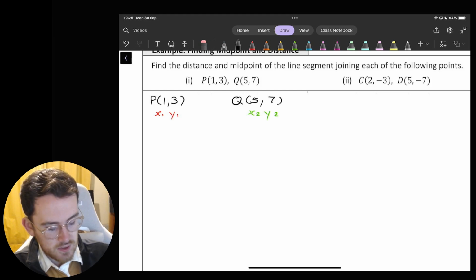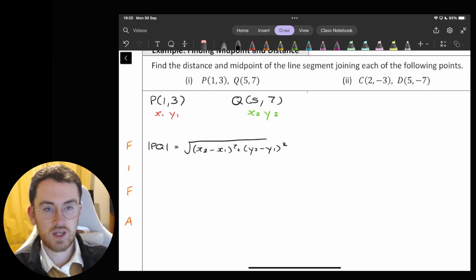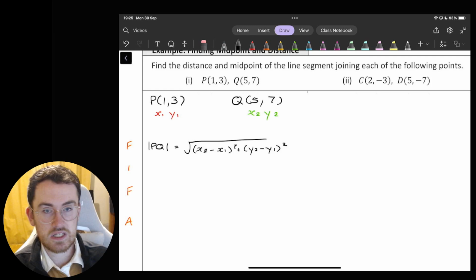So let's start by doing distance. The first thing I'm going to write down in all of these questions, nearly following that FIFA idea that we had on the side here, is just going to be the formula. Okay, so I'm going to start by writing down my formula, x2 minus x1 squared plus y2 minus y1 squared. Okay, once I have my formula down correctly and I'm happy, my information there, I suppose, is the point that I have above.